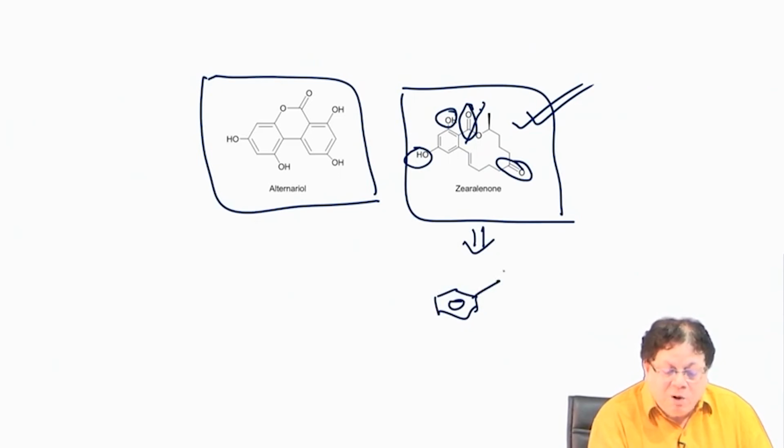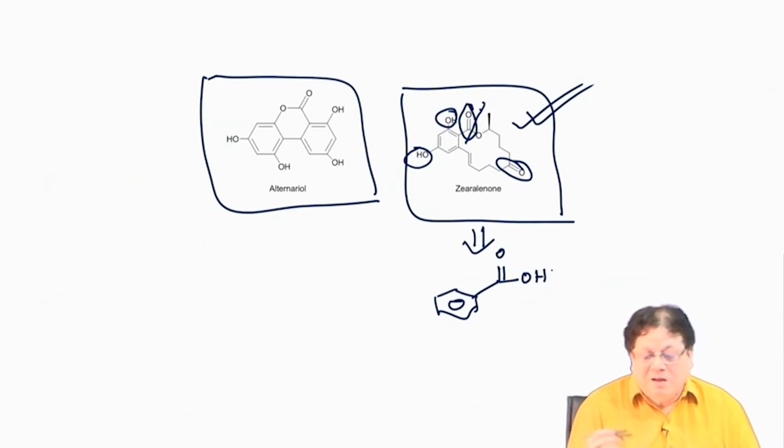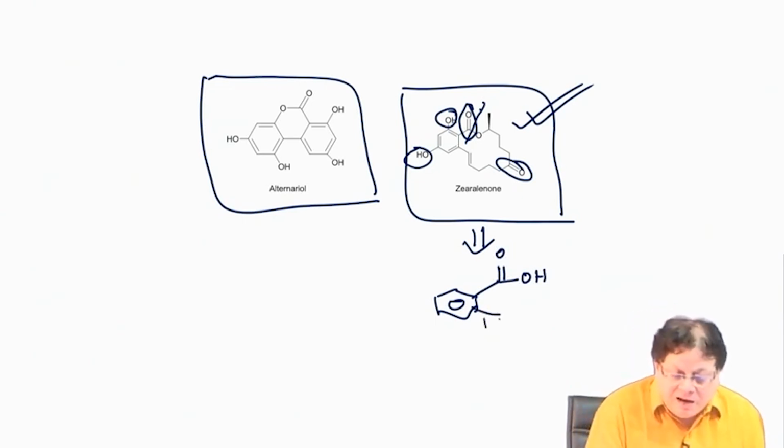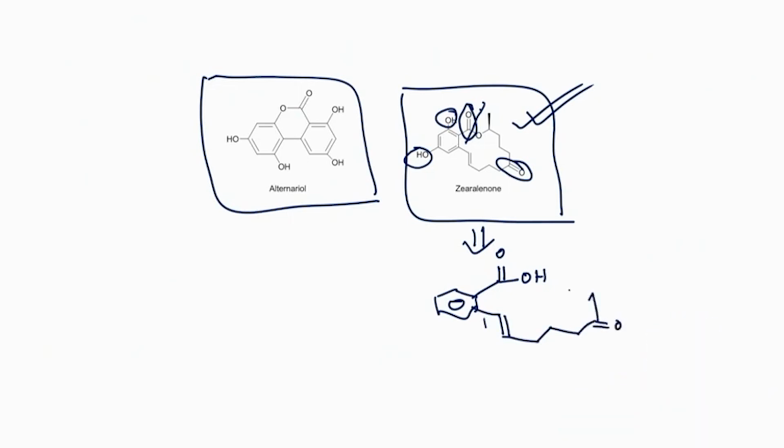If you break that, what you have is COOH, a carboxylic acid, and then you have this double bond, double bond O, and this is the methyl, and you have OH. Now, there are 2 OHs here, OH and OH.